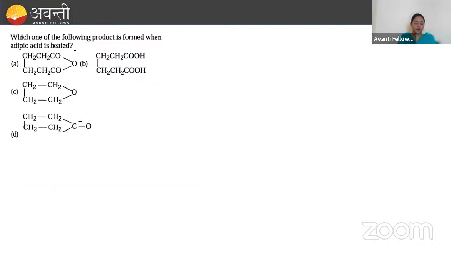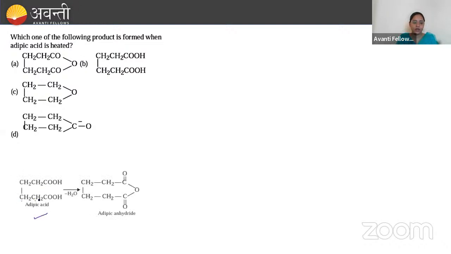Next problem. Which one of the following products is formed when adipic acid is heated? So do you know the structure of adipic acid? I will show you the structure of adipic acid. See here in this reaction, adipic acid. The structure is like this. 1, 2, 3, 1, 2, 3. So when two propionic acid units are combined together, there is a formation of adipic acid.